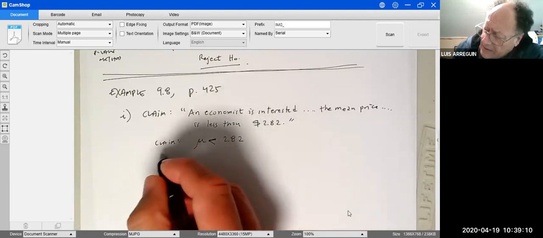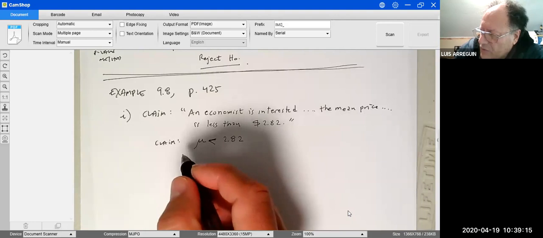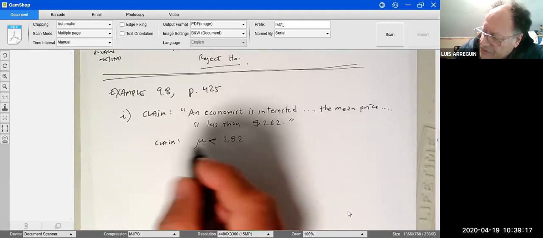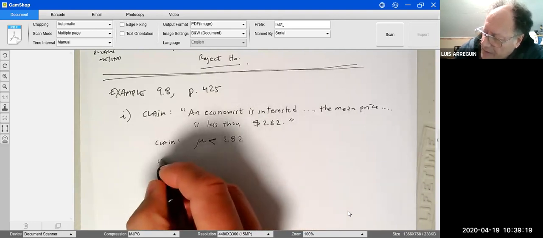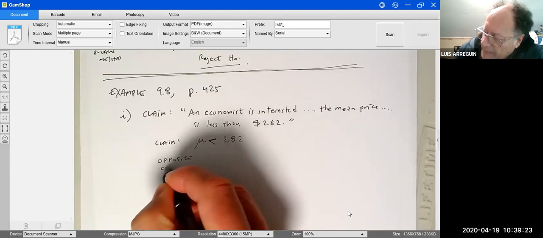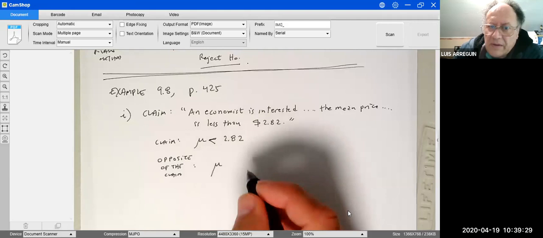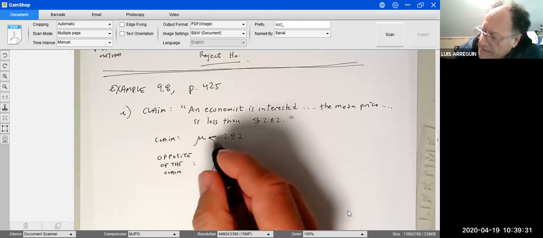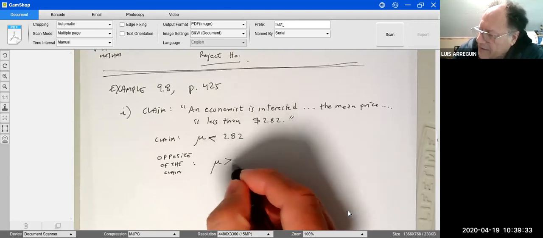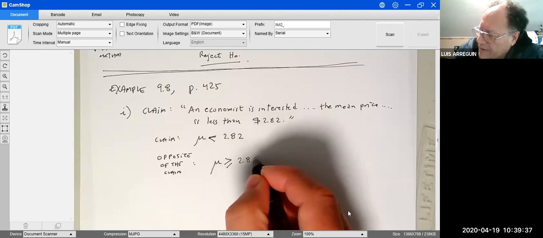Then one way to determine the null and the alternative is just writing the opposite of the claim. So what is the opposite of the claim? The opposite of the claim is going to be just mu, instead of less than, you're going to write greater than or equal to 2.82.